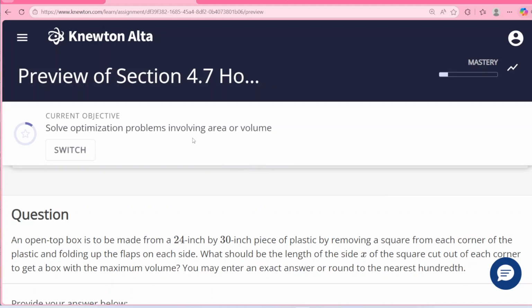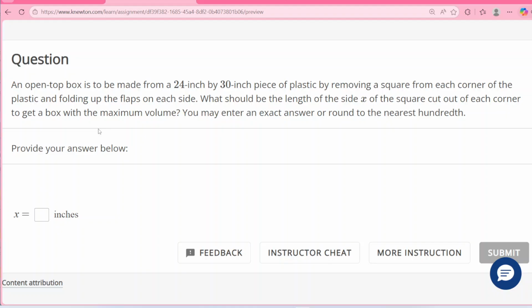All right, so back to another one with area or volume. So this is an open top box, so again, no material on the top. It is to be made from a 24-inch by 30-inch piece of plastic by removing a square from each corner of the plastic and folding up the flaps on each side.